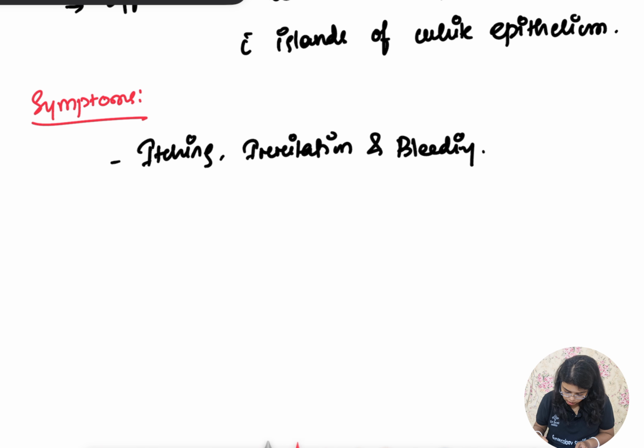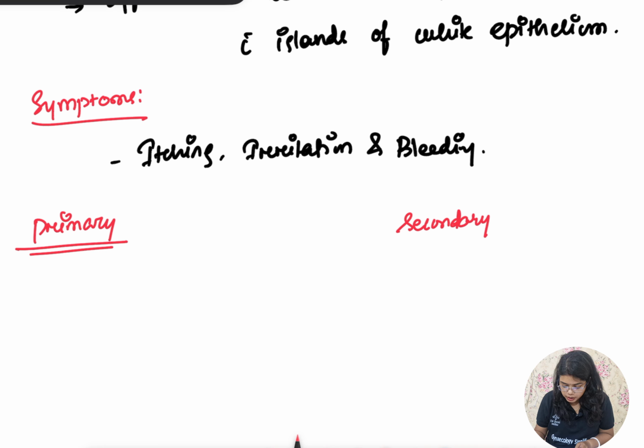It can be primary or secondary. Primary means the lesion arises from the vulval skin, and if there occurs metastasis due to adenocarcinoma of the urological tract or breast or cervix or any colorectal carcinoma, then that is called the secondary.